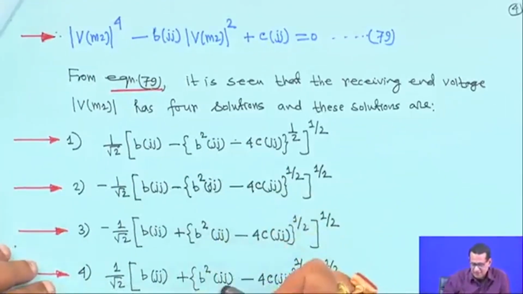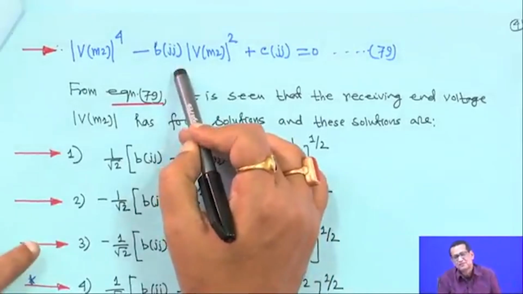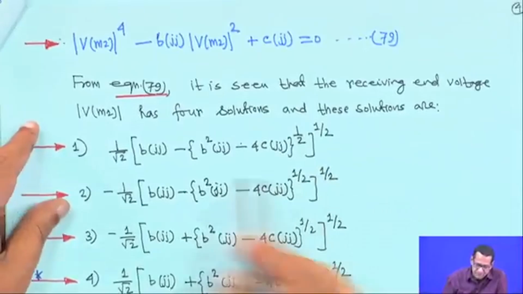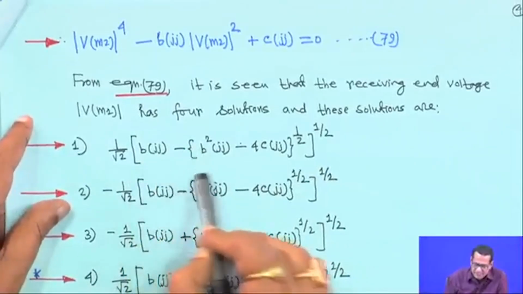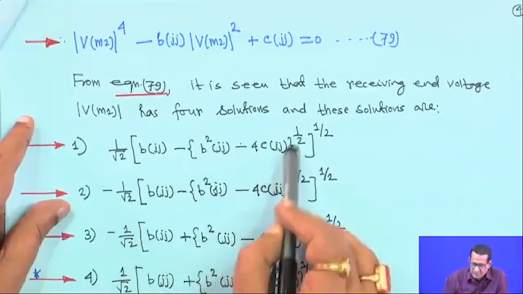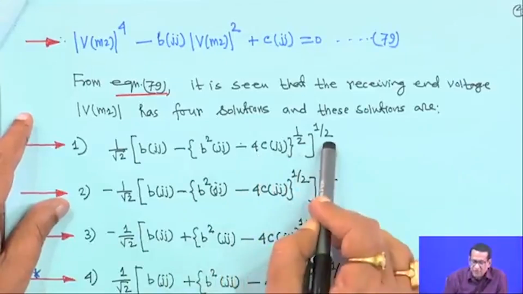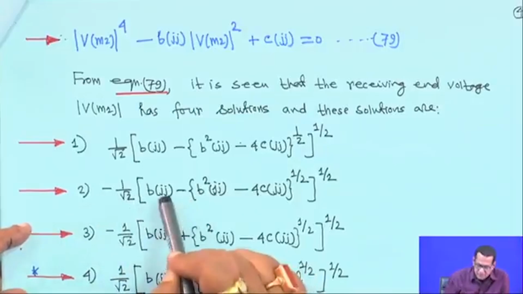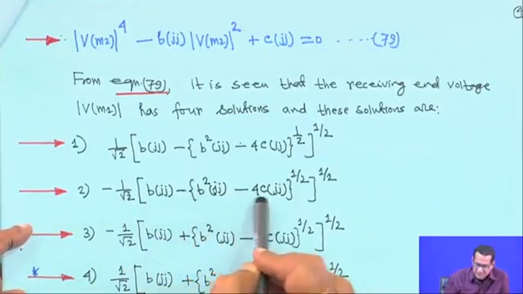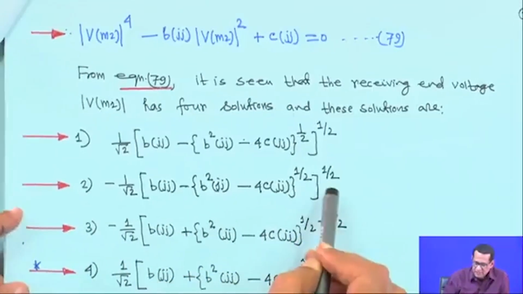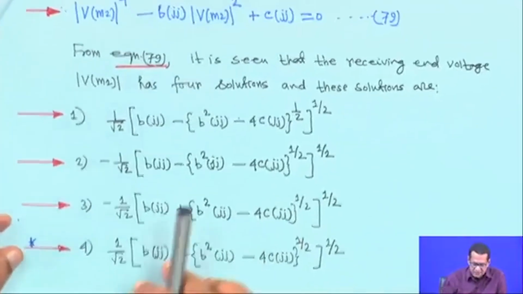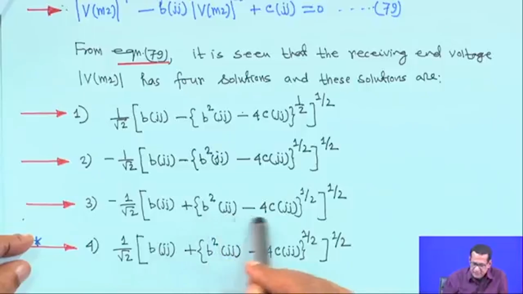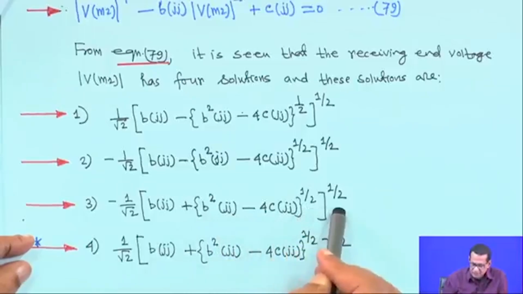I am writing the solutions directly. The first is 1 upon root 2 into (Bjj minus (B square jj minus 4 Cjj) to the power half), the whole to the power half. Another solution is minus 1 upon root 2 into (Bjj minus (B square jj minus 4 Cjj) to the power half), the whole to the power half. Another is minus 1 upon root 2 into (Bjj plus (B square jj minus 4 Cjj) to the power half), the whole to the power half.